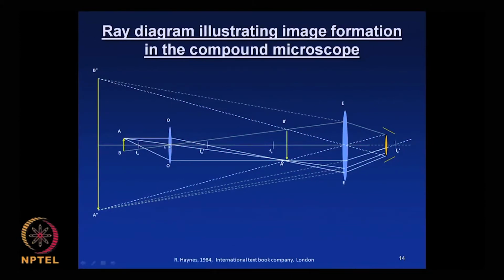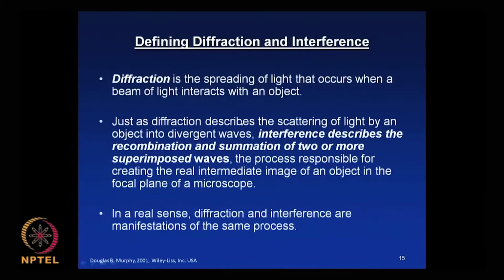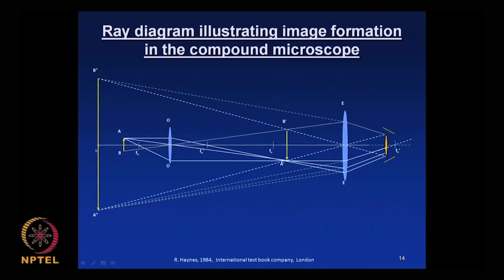For an objective, the image forms here, and for the eyepiece, this image is projected as A dash B dash in this case, and this is the eye which is perceiving the virtual image here. A double dash and B double dash is a virtual image, and your A dash and B dash is the real image.